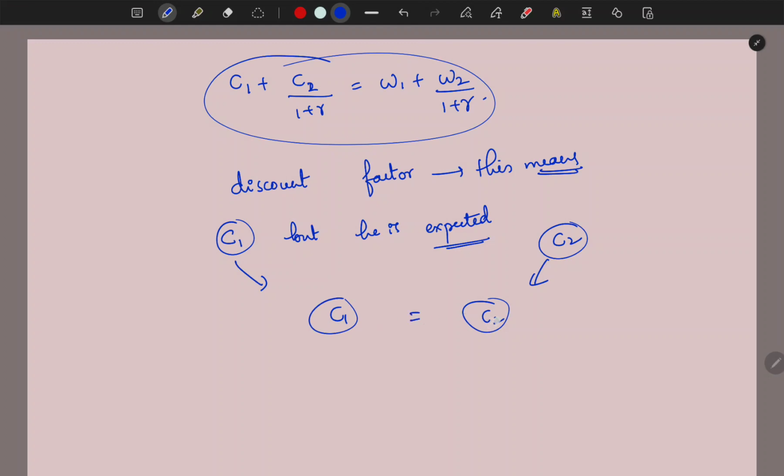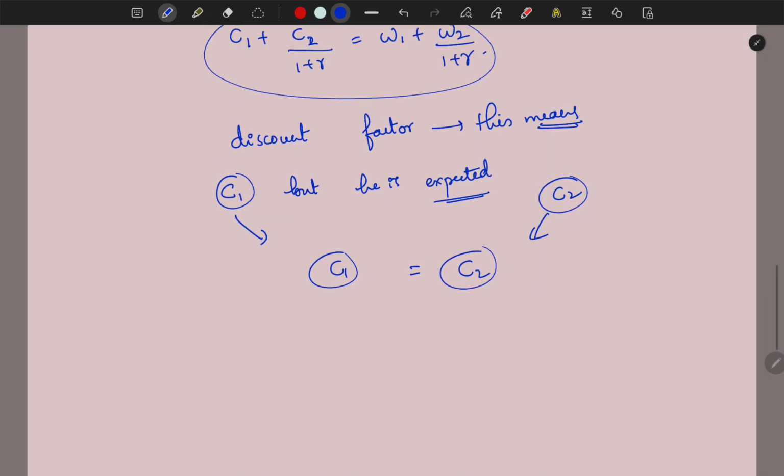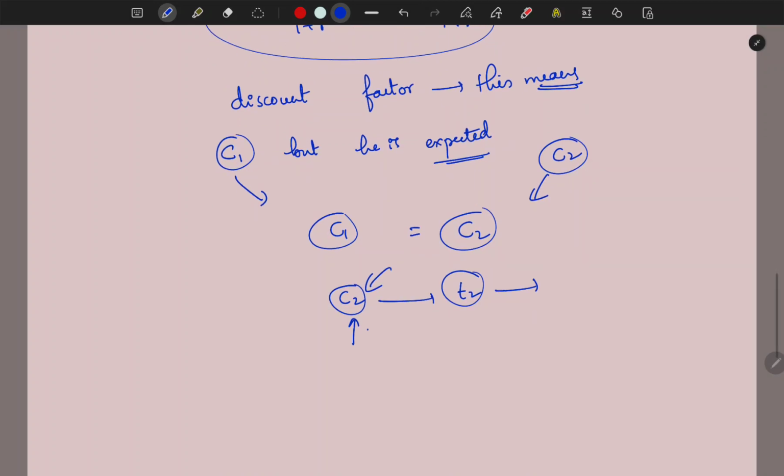Suppose there is a C2, but the satisfaction he gets from C2 when consuming in time period 2 is not exactly the amount he has. So what happens is, it might reduce.